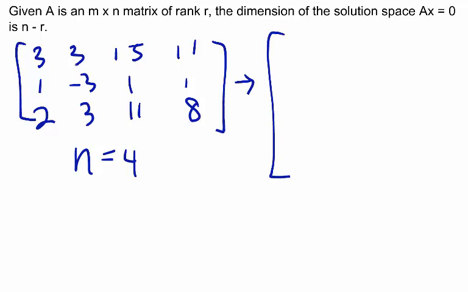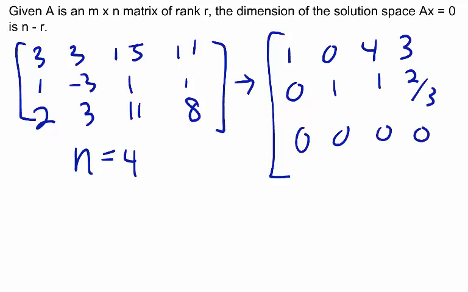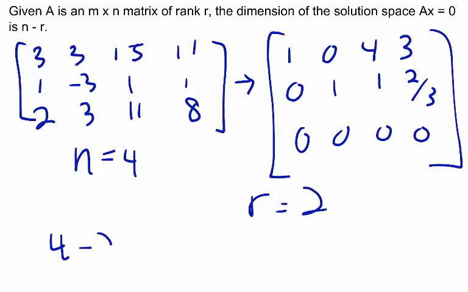And when we consider this matrix in reduced row echelon form, we find that the rank r is equal to 2. Therefore, we can conclude that the dimension of the solution space is 4 minus 2, which is equal to 2.